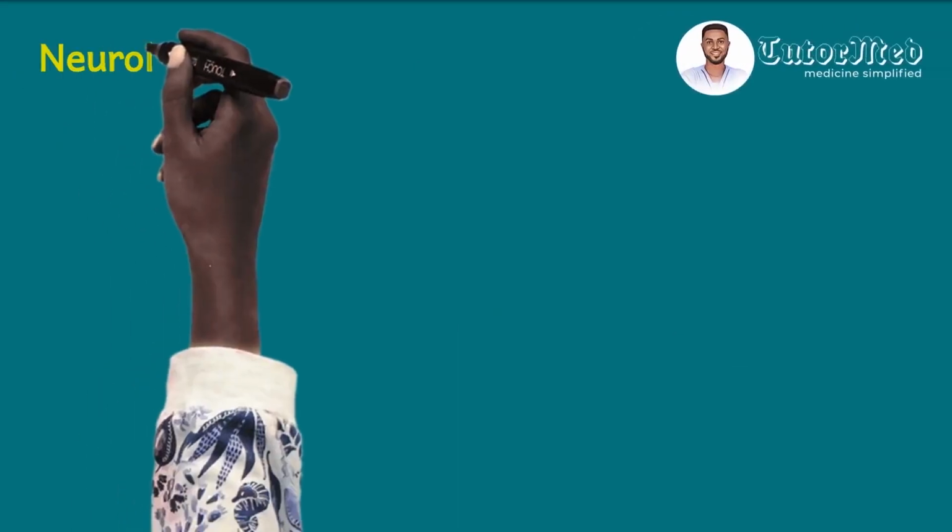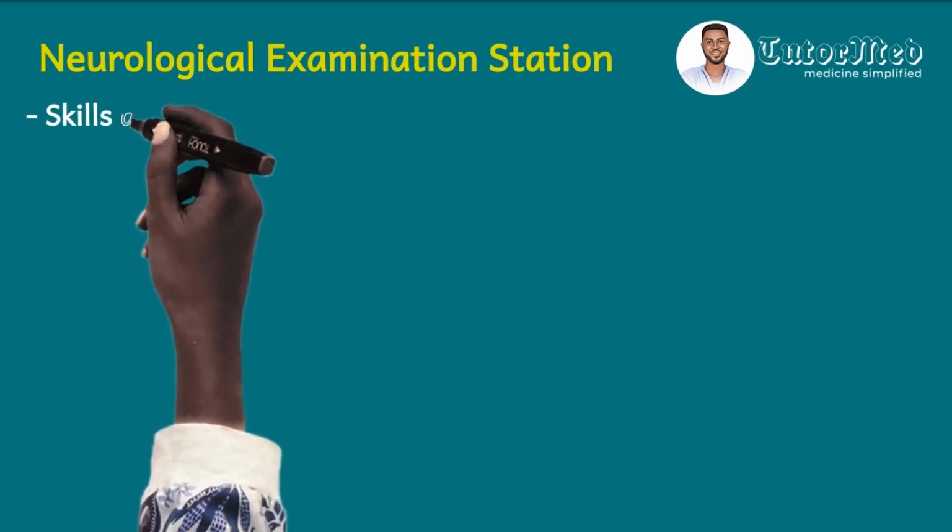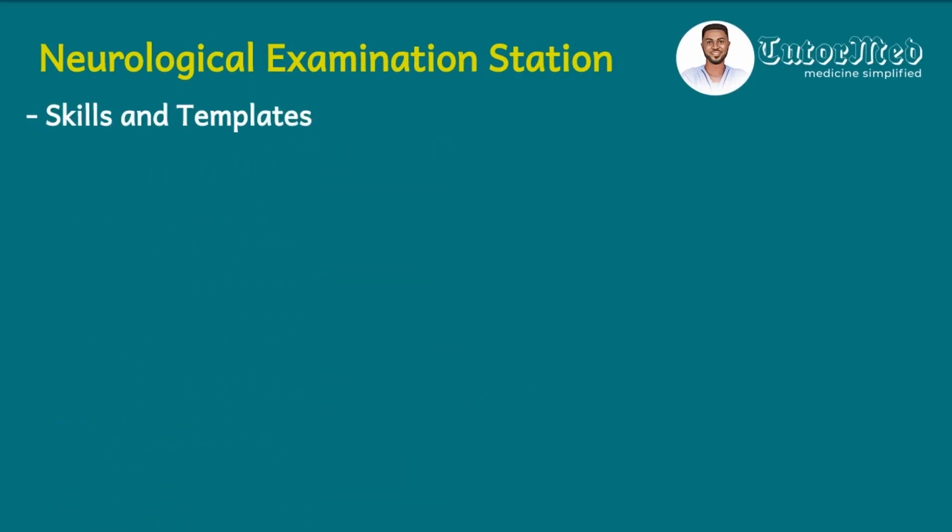And so we turn our attention to the neurological station. Still skills and templates. Practice your skills, practice your templates or your lyrics. This is one of the most difficult stations in the OSCE because the examination instructions can vary, and the steps in the examination appear cumbersome.